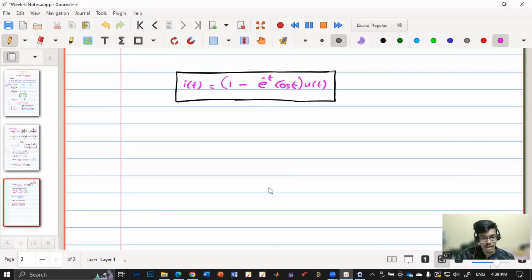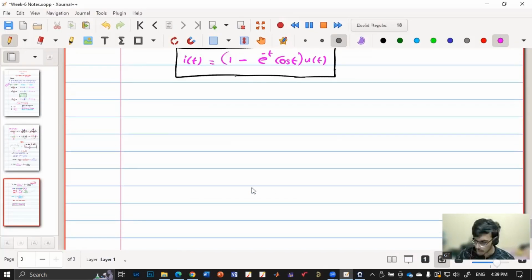So we have realized the advantages of Laplace transform. It makes our life simpler, and we have to keep in mind that it is just any other circuit. First we convert into the S domain, then you can apply any analysis.